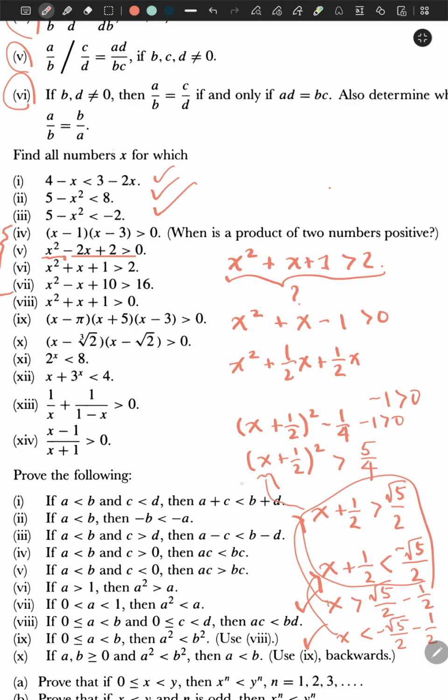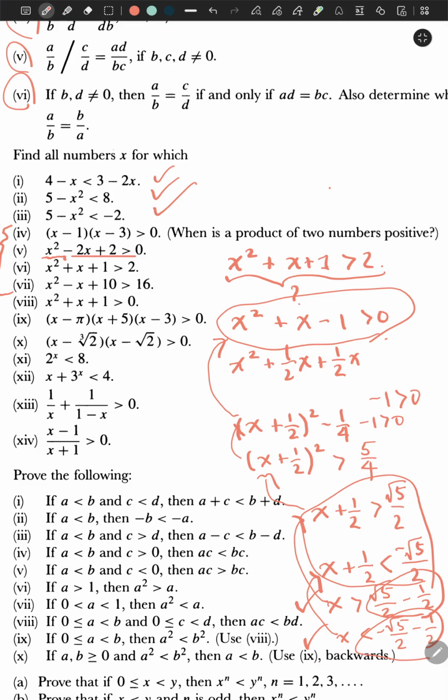And then (x plus 1 over 2) squared minus 1 over 4 minus 1 is greater than 0. When we expand this, it comes down to x squared plus x minus 1 is greater than 0. So for this inequality to be satisfied, we need to make sure x is greater than square root of 5 over 2 minus 1 over 2, or x is less than negative square root of 5 over 2 minus 1 over 2.